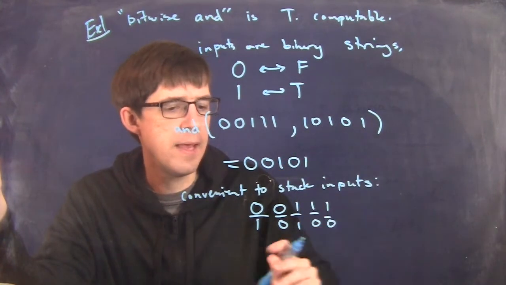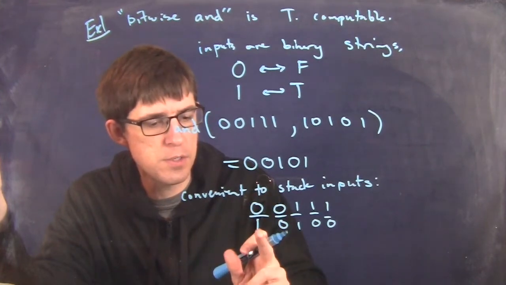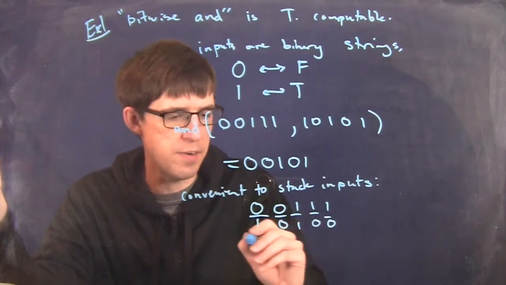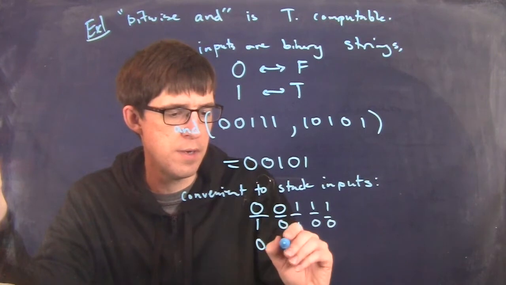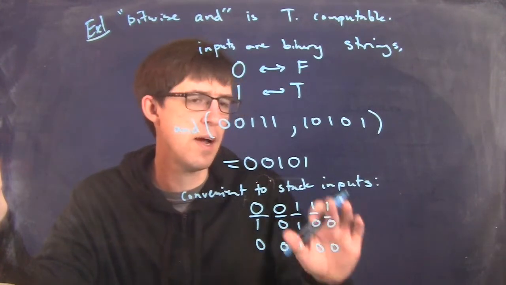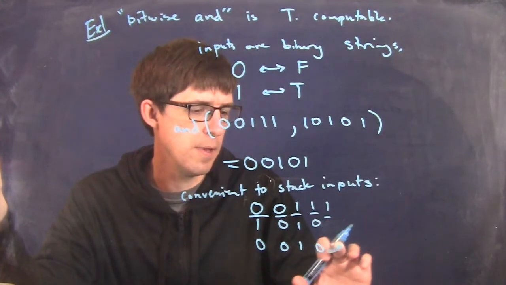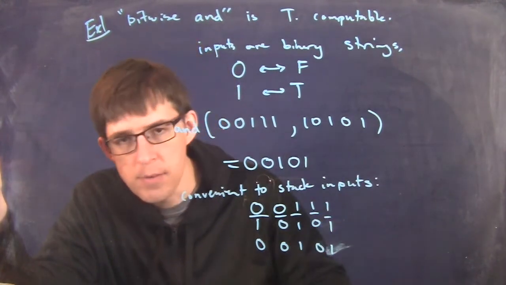When you look at just one of these stacks, you have everything that you need to know in order to compute the answer here. The answer should be here 0, here 0, here 1, here 0, and 1. I copied it wrong. This last one should have been a 1 and a 1. Sorry about that.